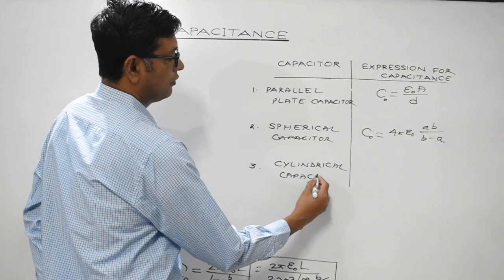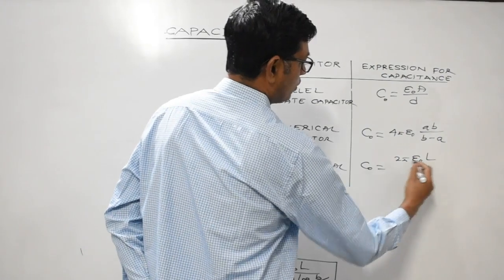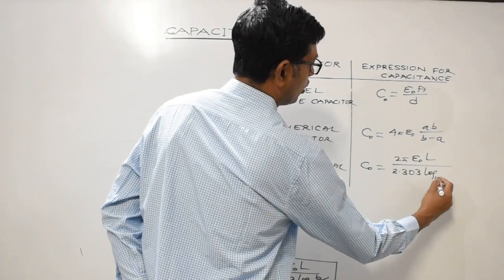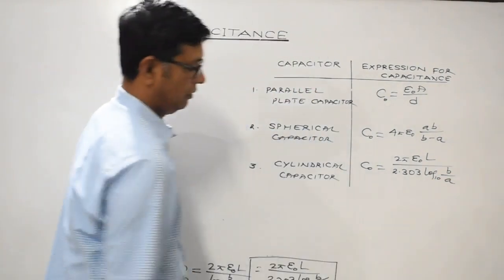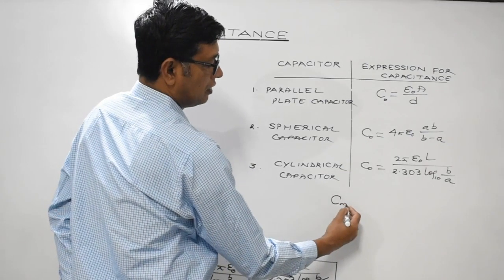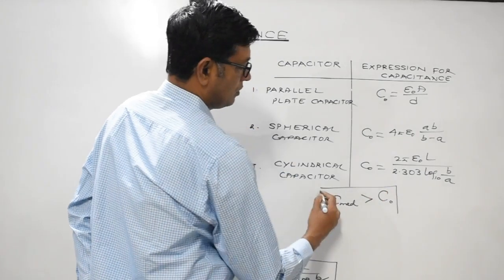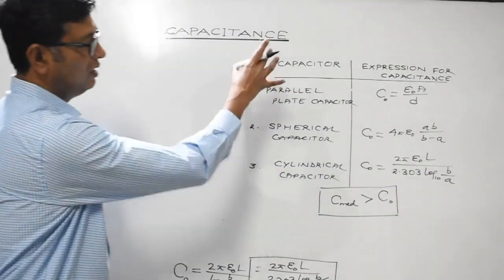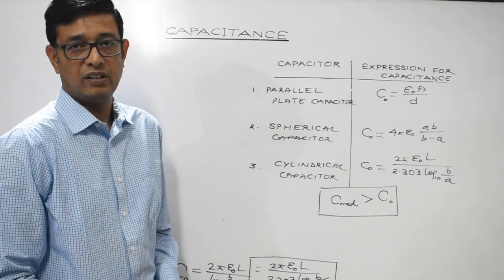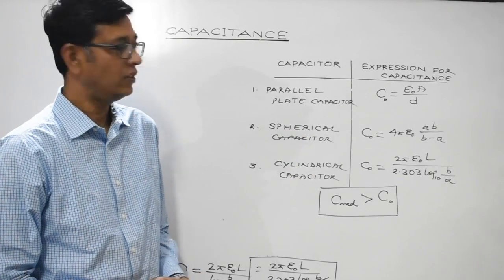The formula for cylindrical capacitor is C naught is equal to 2 pi epsilon L divided by 2.303 log base 10 B by A. And in all the three cases, C medium is greater than C vacuum. So these are some very, very important and crucial points in order to understand the next few topics, right?